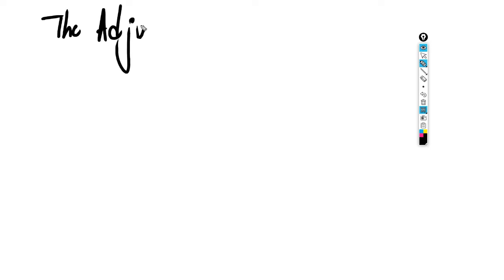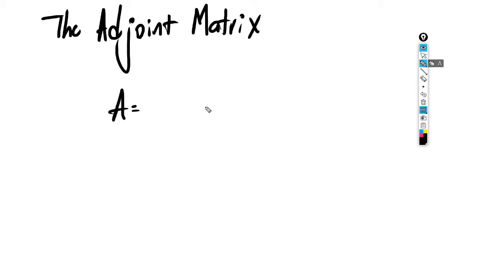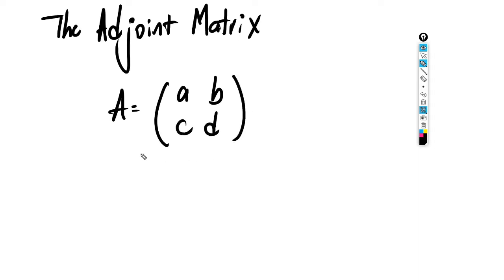We're going to find the adjoint matrix for A. In this case, we're gonna use A, B, C, and D because we are defining it. So all you have to do is find A adjoint.